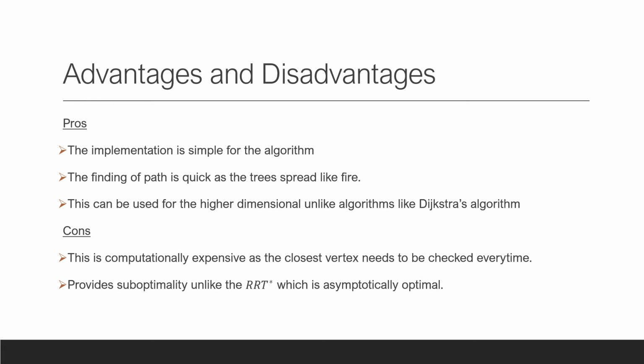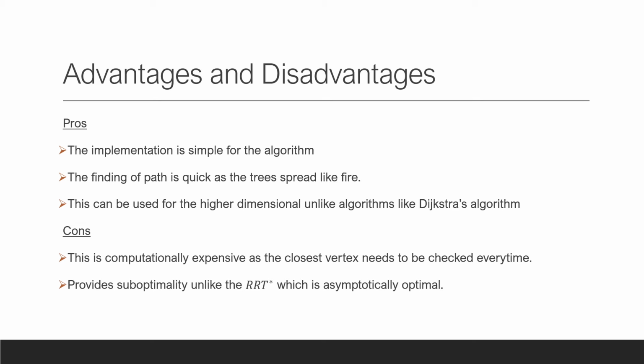Then come the advantages and disadvantages of rapidly exploring random trees. The implementation is really simple, as we only need to generate a random point in the configuration free space. Finding a path is quick, as the tree spreads like fire.